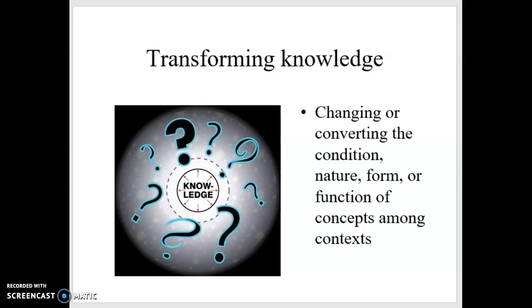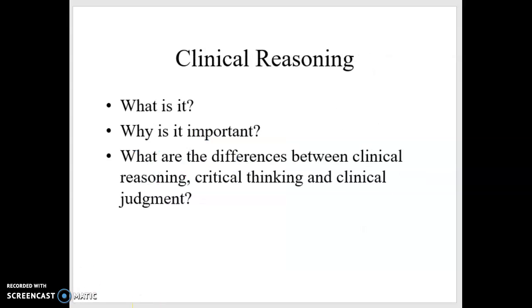That's where our clinical reasoning starts to occur. So what is clinical reasoning? Well, clinical reasoning is the process that we use in the clinical setting to evaluate and then select which of the actions we'll take to meet the desired goal, to help our patient reach the best possible outcome.